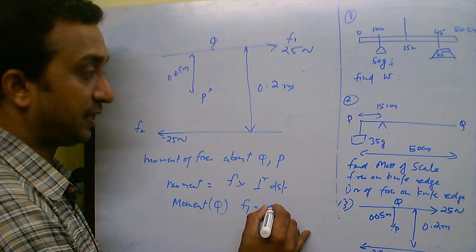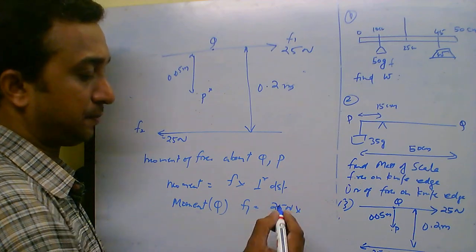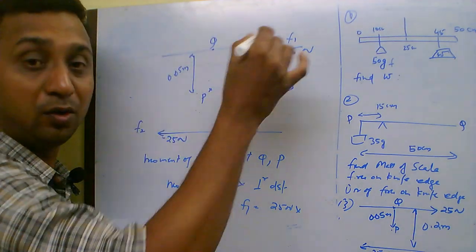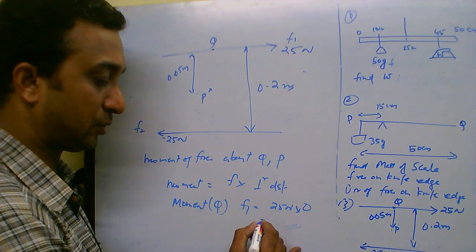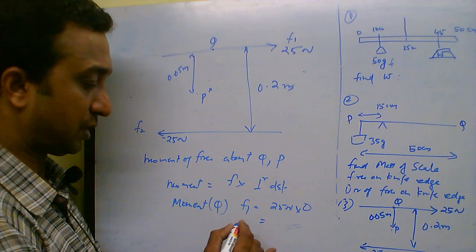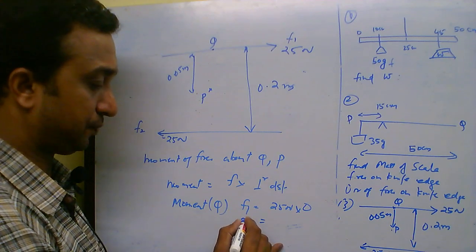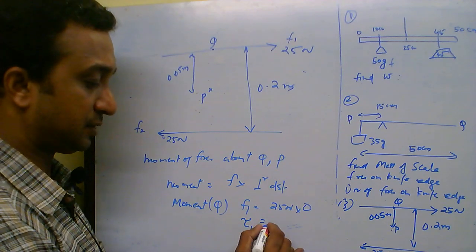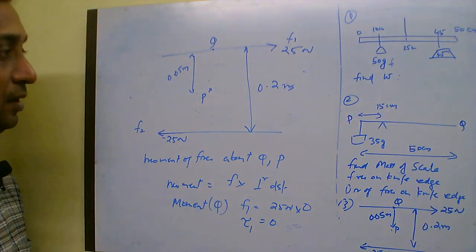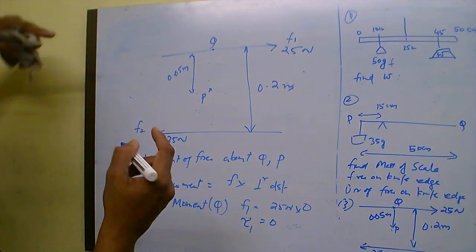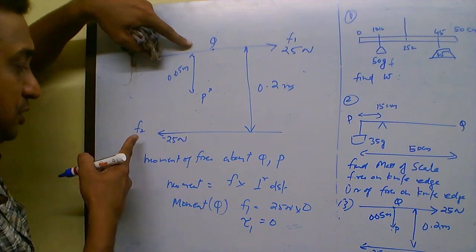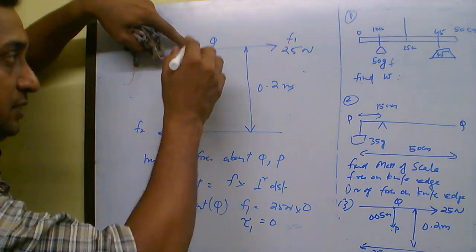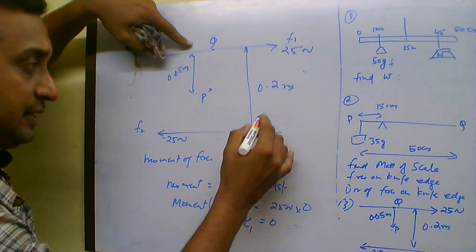See, the force is there, that is 25 Newton. What is the perpendicular distance? It is acting along Q, so it won't make any turning effect. So the perpendicular distance is 0, and the moment about Q because of F1 is 0. Now what is the moment of force at Q because of F2? F2 is acting at a distance of 0.2.